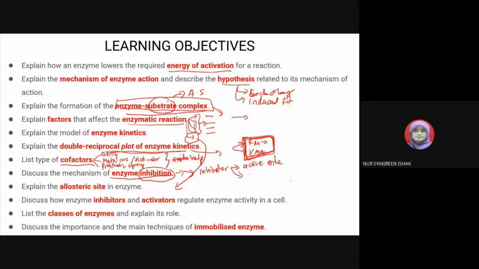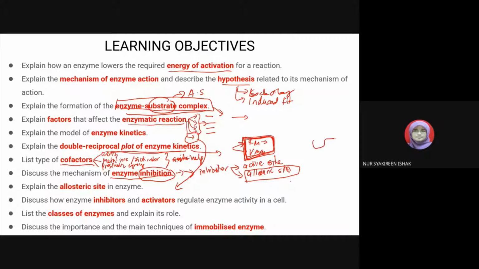We call it the allosteric enzyme. Okay, so you are already familiar with the active site, okay, but for additional detail of this chapter that is different from what you have learned in school, you have another site in the enzyme. We call it the allosteric site.